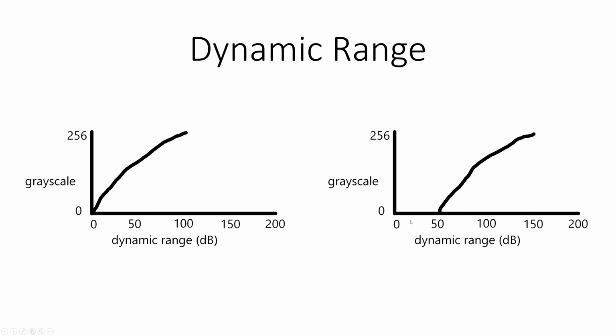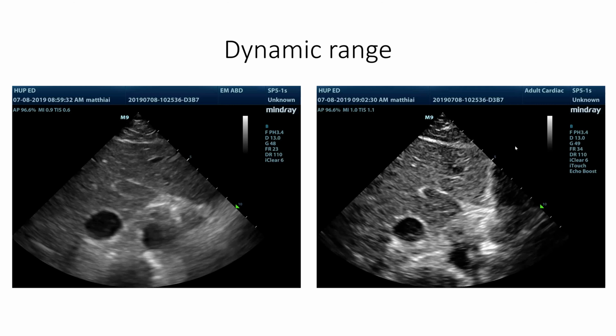So maybe if this is the edge of liver parenchyma and this is wall of portal vein, you're not going to really see anything. You're just going to see grayscale of 0, anechoic black. But things that have a higher intensity, like muscle and fat and things like that, are going to be better defined.